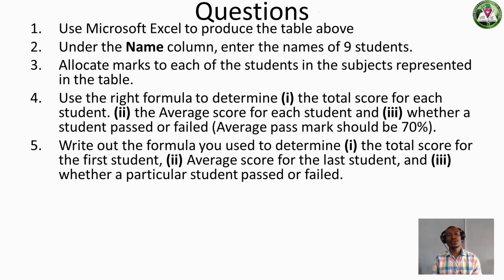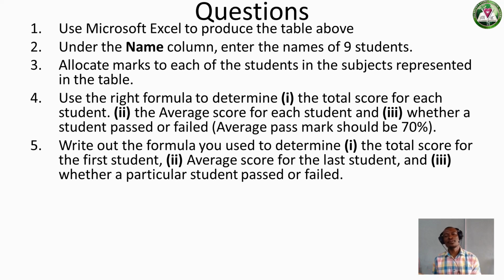Now look at what you are going to do. Number 1 question. Use Microsoft Excel to produce the table above. 2. Under the name column, enter the names of 9 students. Allocate marks to each of the students in the subjects represented in the table. So what you do, you enter the names of the students of your choice.